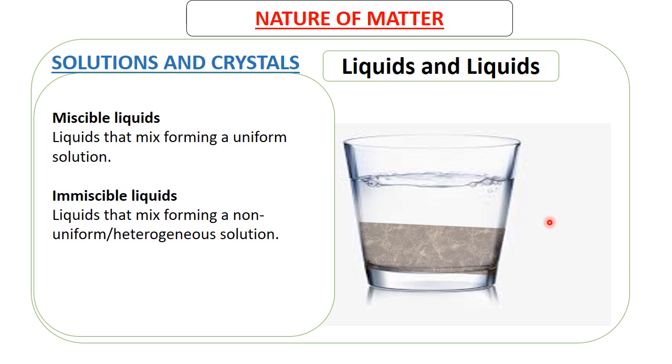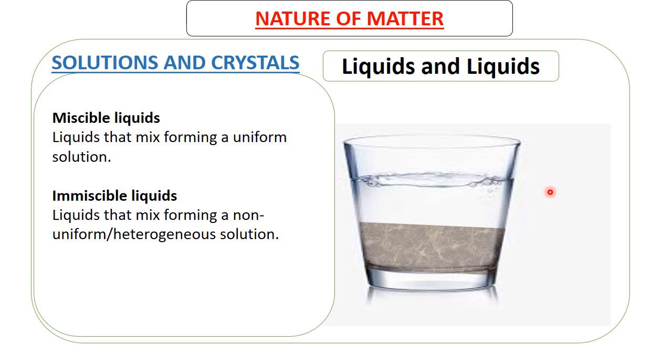So for the example that I gave, cooking oil and kerosene, you see a layer of kerosene or cooking oil on top of the water, and that's when you can tell that these two are not miscible, or they are immiscible liquids. So that's everything about liquids and liquids.